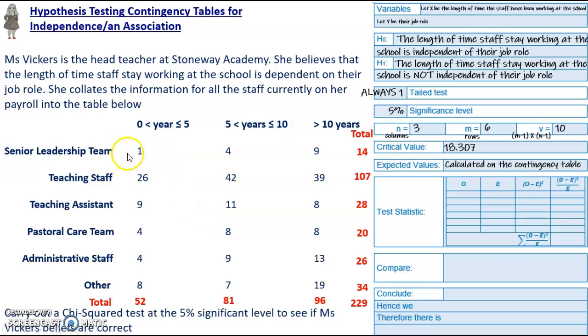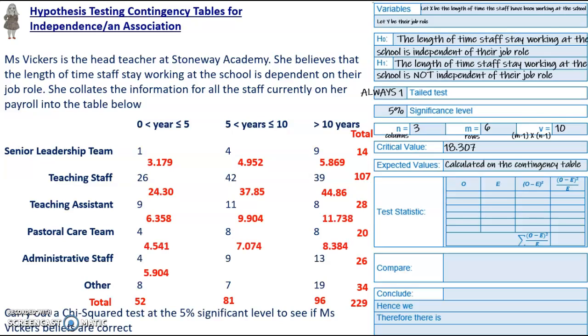So for senior leadership team 0 to 5 years, we would have expected to have 3.179 members of staff. I'm going to work out those expected values for every single combination of lengths of time and job roles to give me my expected values.